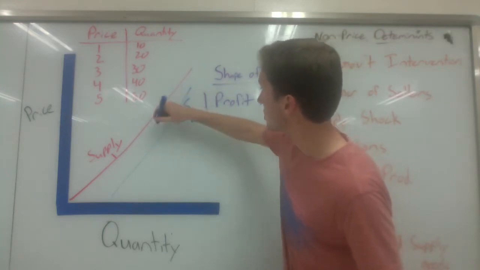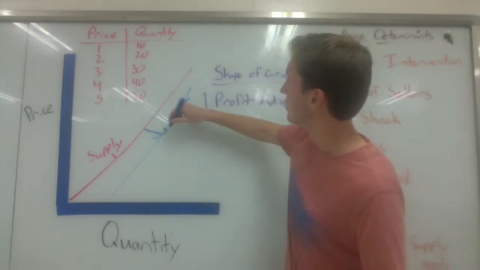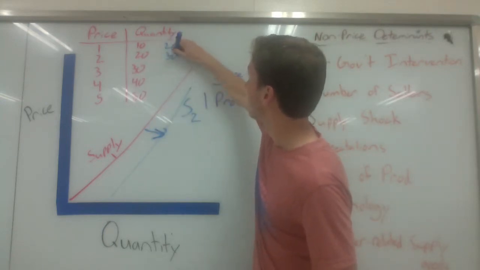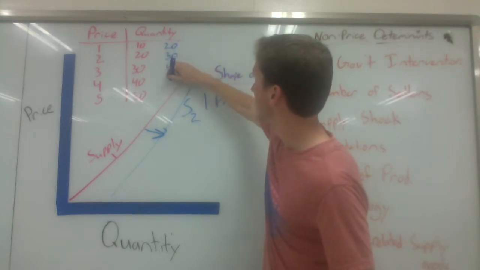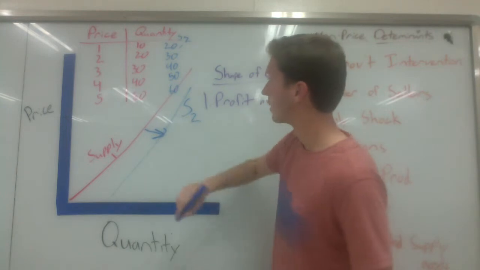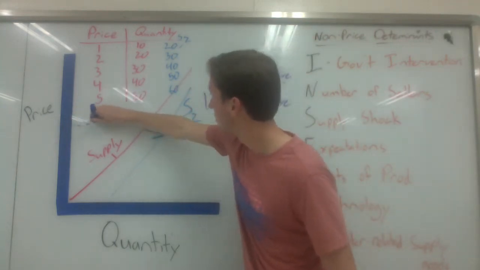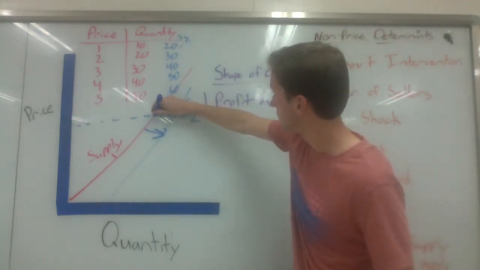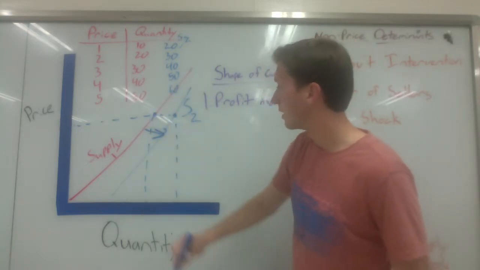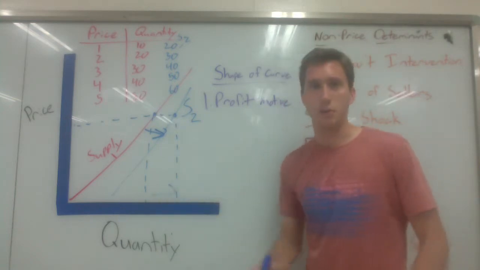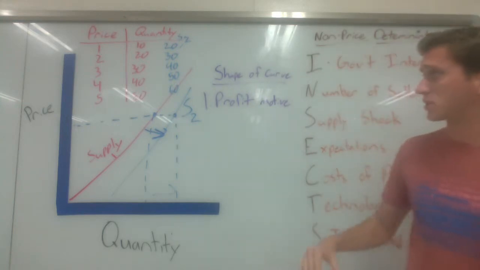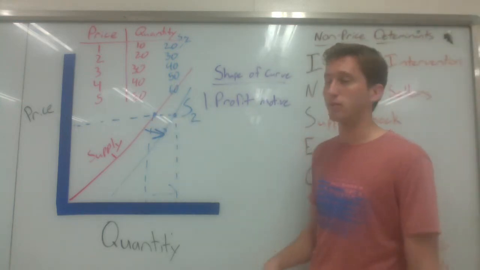Something has changed in the market, shifting it to the right, and now the quantity supplied has increased. S2, right there. So at that same price as before, there is now more being supplied at each given price level that we had before.